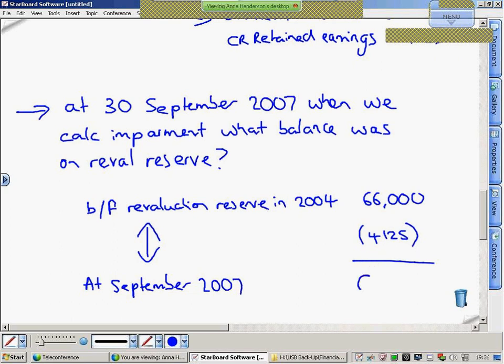So the revaluation reserve is now at 61,875.